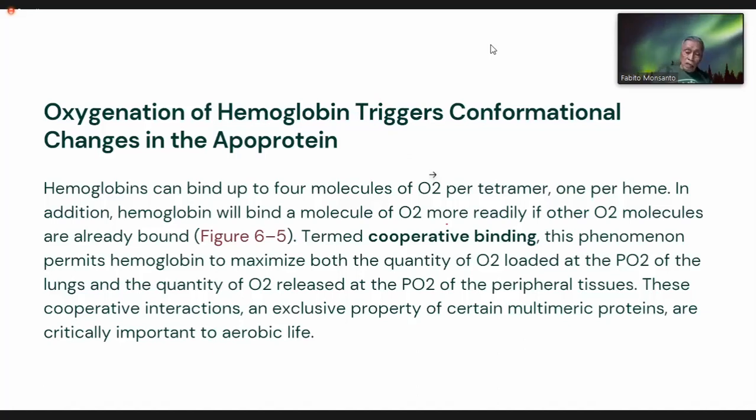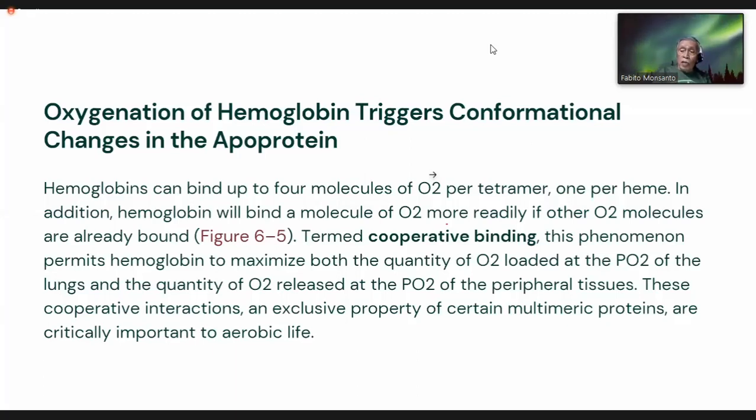binding sites. And we mentioned that if it is a deoxyhemoglobin, it is very tight because of the presence of 2,3-BPG. So how can an oxygen bind? You have to have a higher concentration of oxygen.